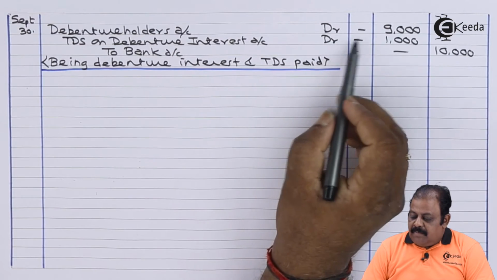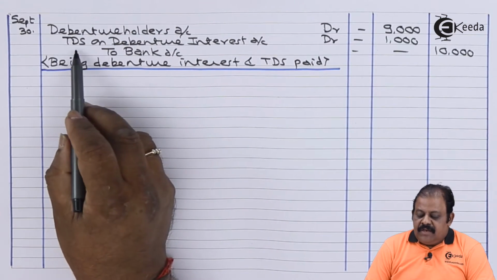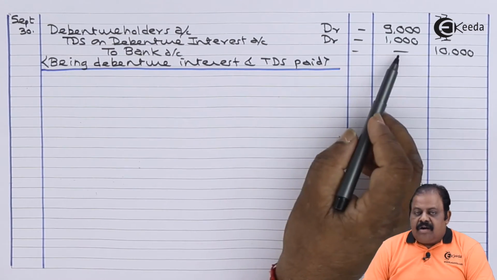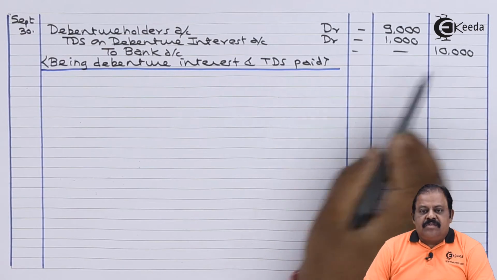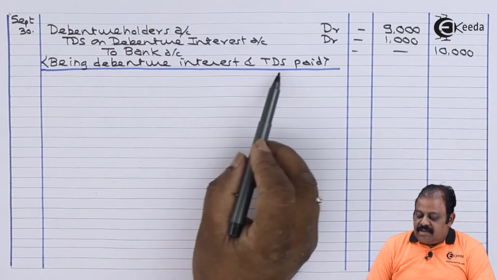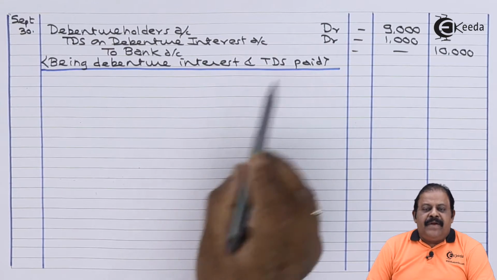Debenture holders account debit 9,000, TDS on debenture interest account debit 1,000, to bank account 10,000, being debenture interest and TDS paid.